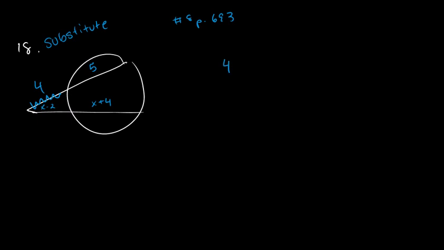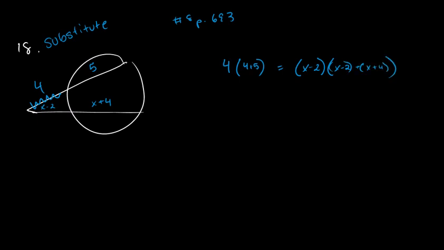So I need to take my outside piece and multiply that by 4 plus 5, so my entire secant, and my x minus 2 piece multiplied by my entire secant, which is x minus 2 plus x plus 4.